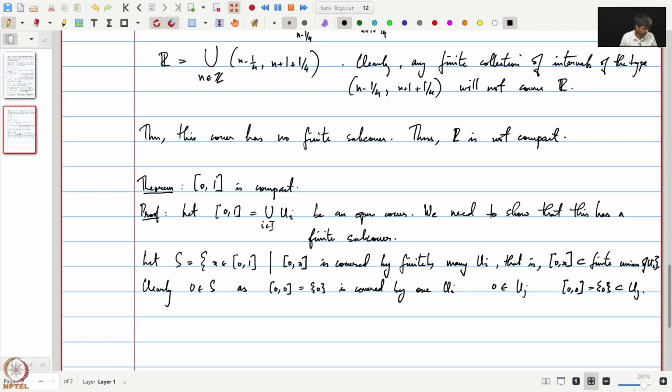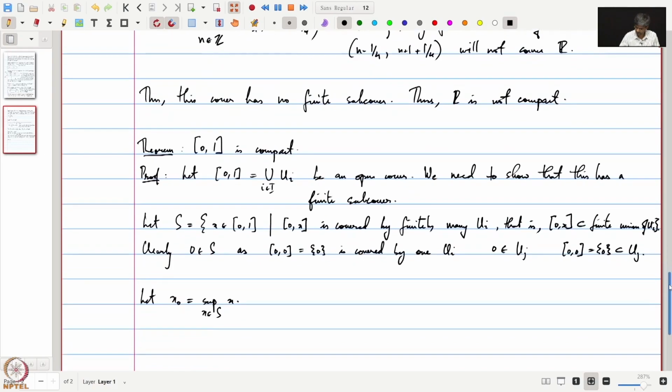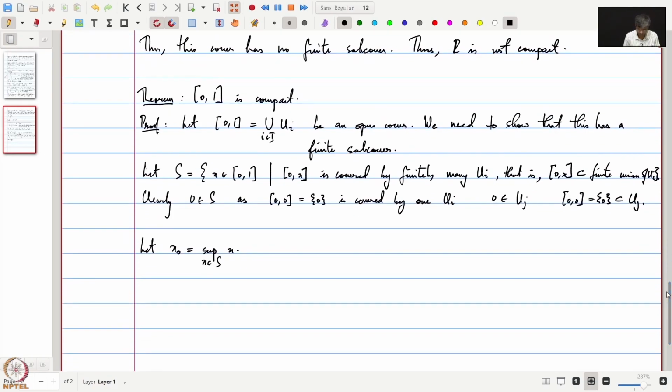Okay, so let x_0 be equal to the supremum of x in S. We claim that x_0 is also in S. Let us prove this.